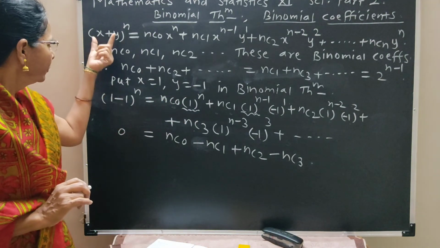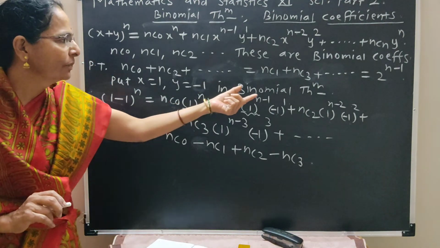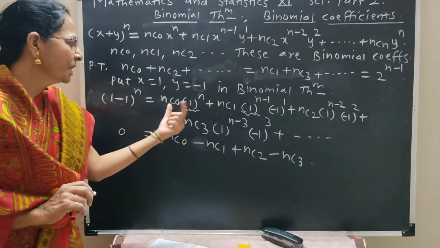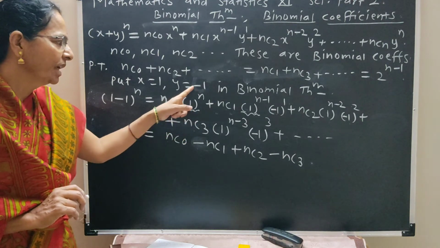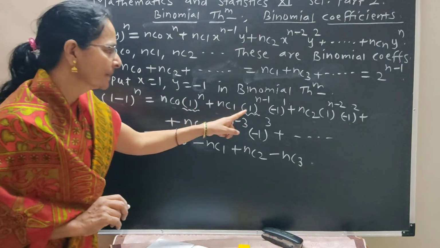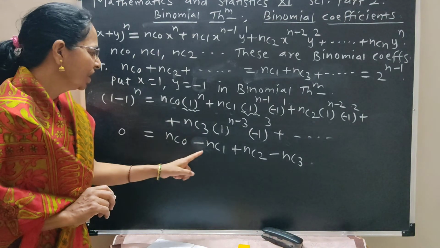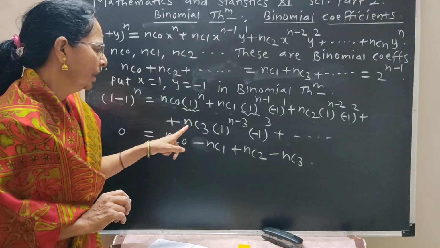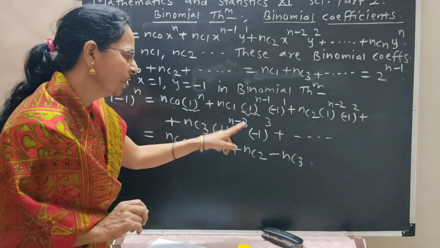Where there is x and y, put the proper values, and we develop the next terms using all these terms, nC0, nC1, nC2, nC3, x raised to n, x raised to n minus 1, x raised to n minus 3, y raised to 3.